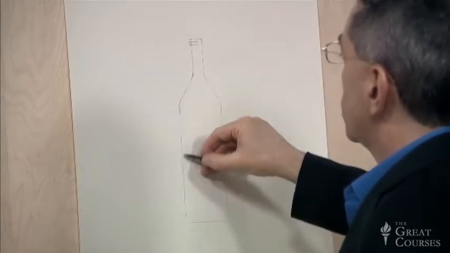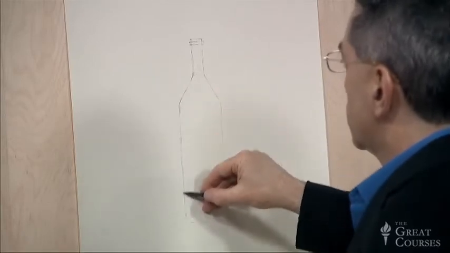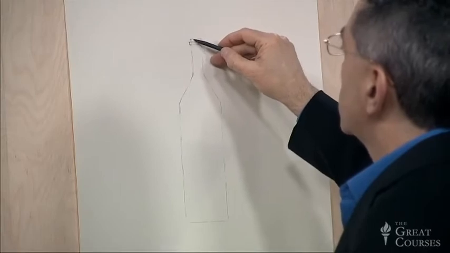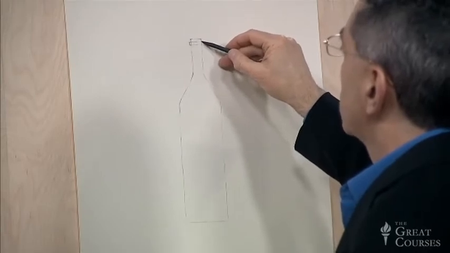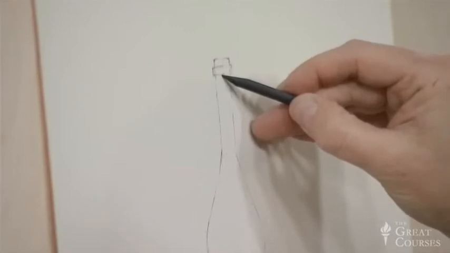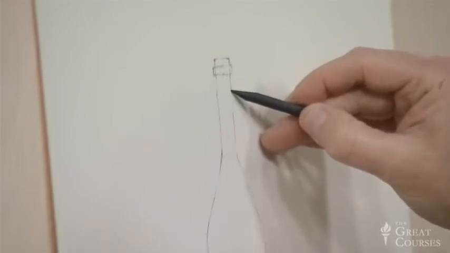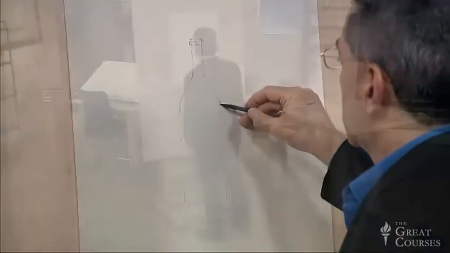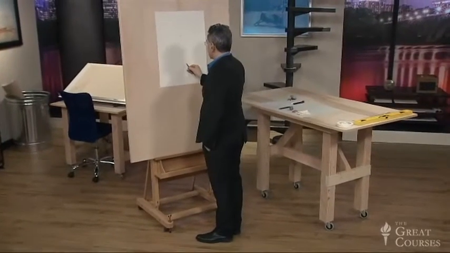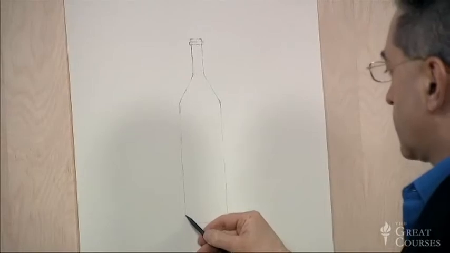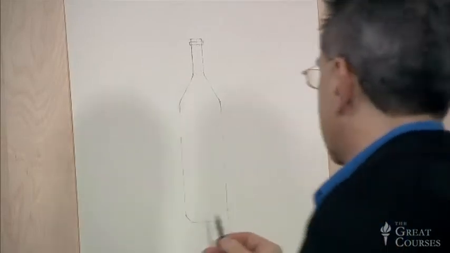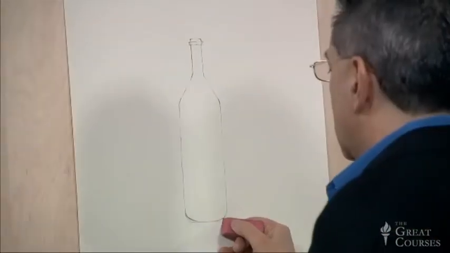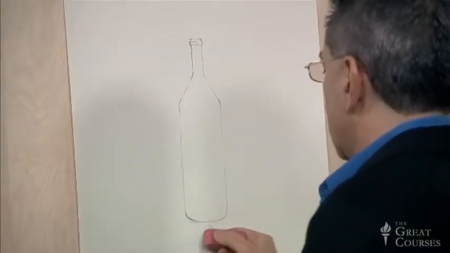Rounding at the shoulders, rounding a bit at the collar, at the top of the bottle, and on the other side. And then we'll just round a bit at the bottom, at the base of the bottle. And erase what we don't want.